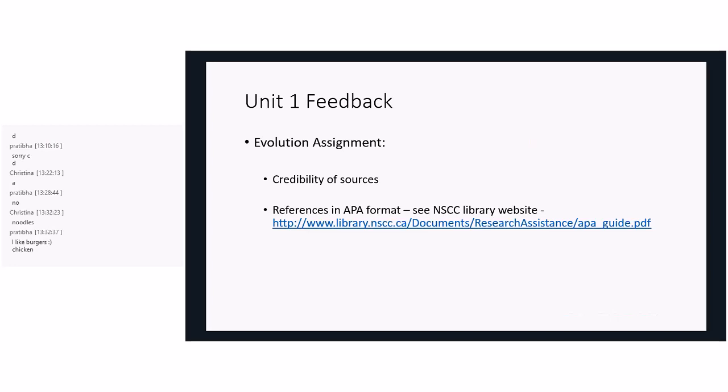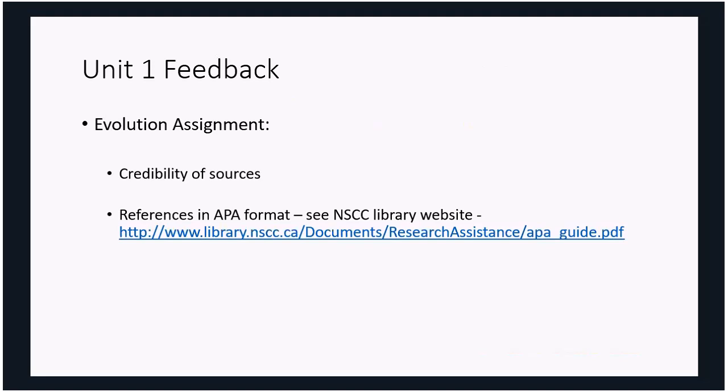I included here some feedback from Unit 1: make sure the sources you are using in assignments are credible. You wouldn't want to use a site like a joke site. Make sure things are based on research, and be sure that you're referencing things in APA format. The library has a great guide, with a link to videos and written material on APA.